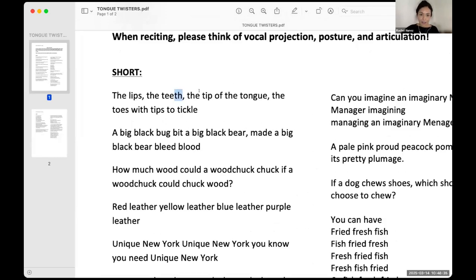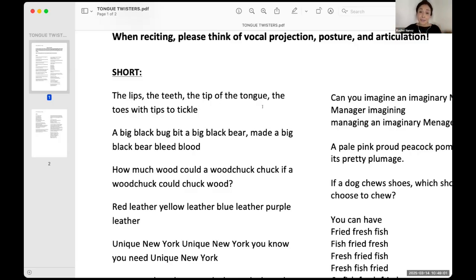So I'm going to read it, and I would like someone to participate and try it, okay? So first I will go. The lips, the teeth, the tip of the tongue, the toes with tips to tickle. I'll say it again. It also helps with your learners if you go a little bit faster. So you can say, okay, faster.